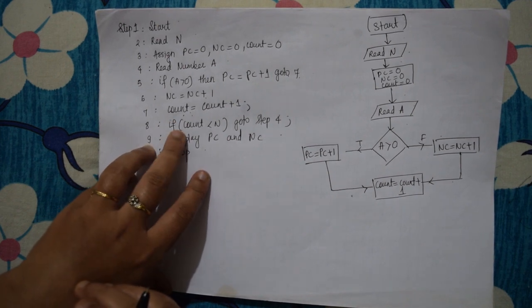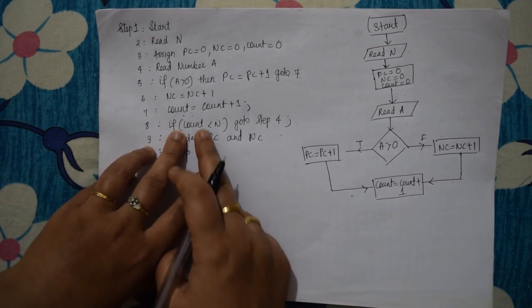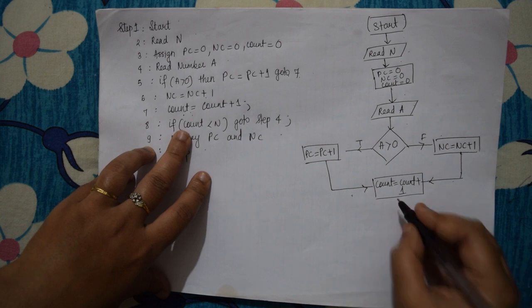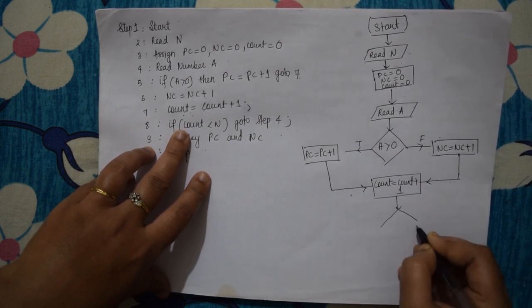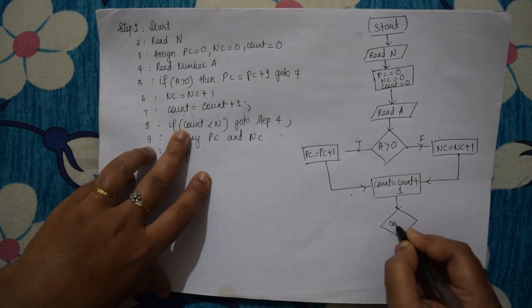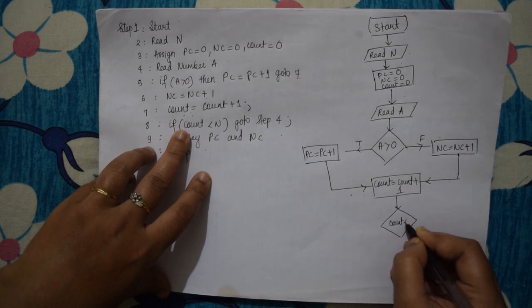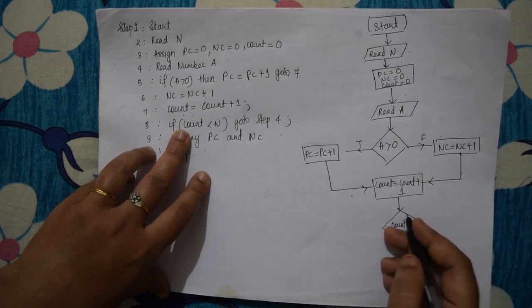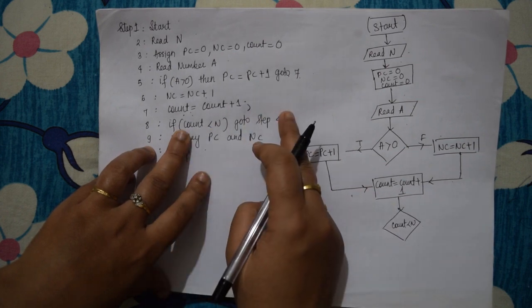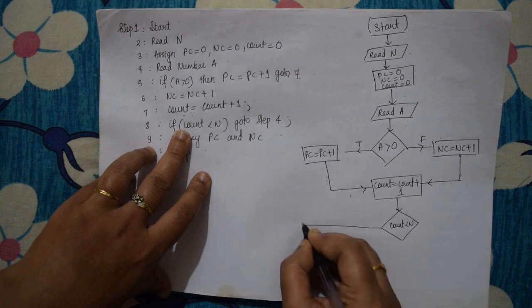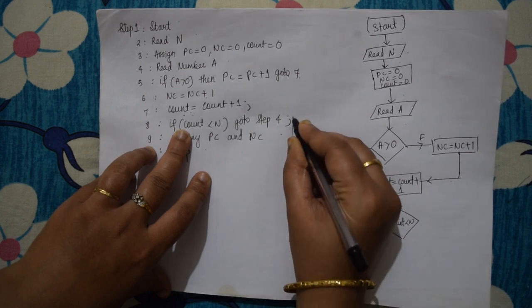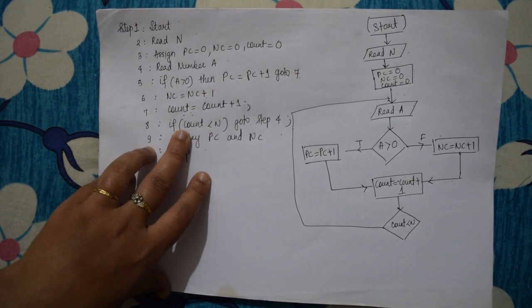After that we have to check if count is less than n. So again there is a decision. Here we have to check count is less than n. If it is true, we have to go to step number 4, which is read A. So if it is true, I will go to step number 4.